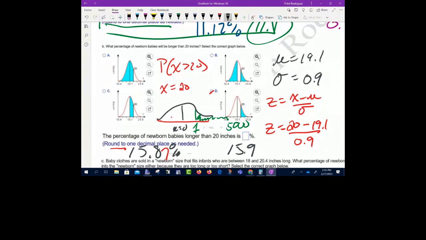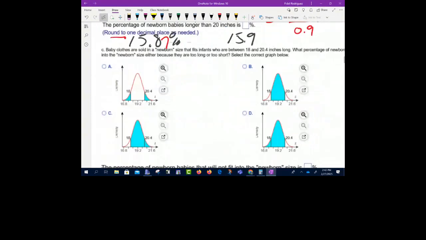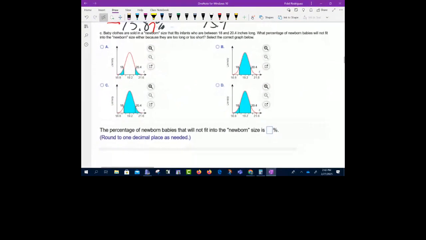Okay, so y'all, there's a part C to this question. This is the last part here. Now, let's take a look, y'all. It says baby clothes are sold in a newborn size that fits infants between 18 and 20.4 inches long.